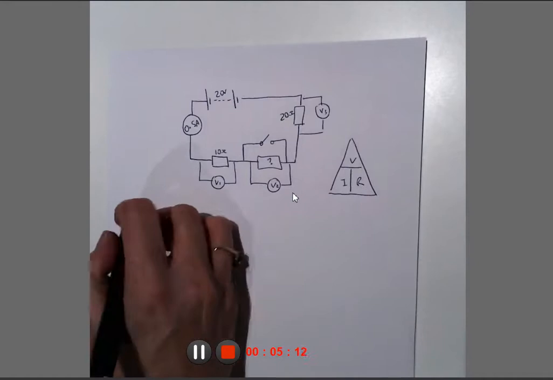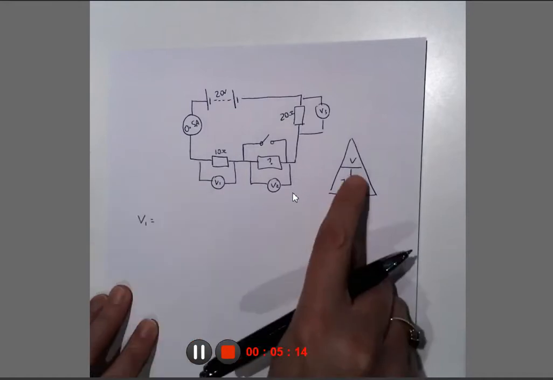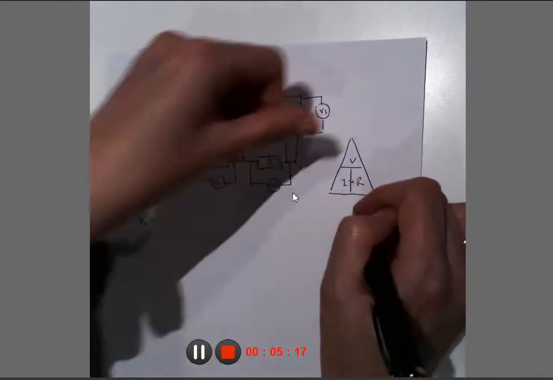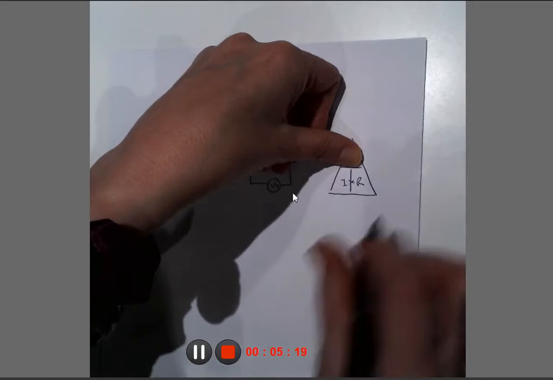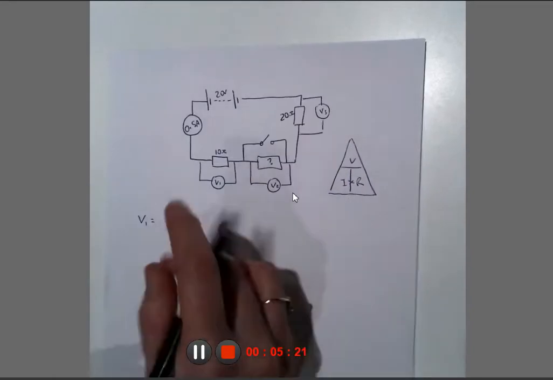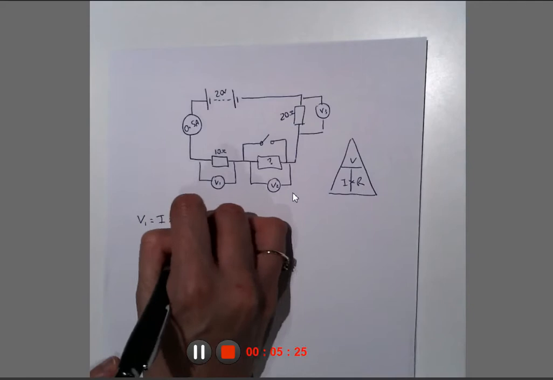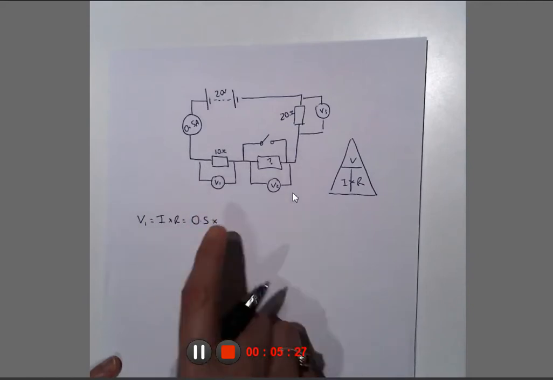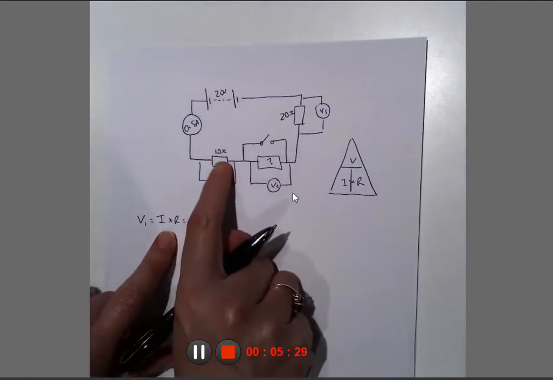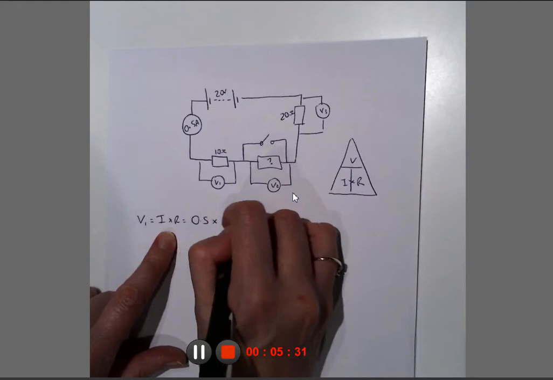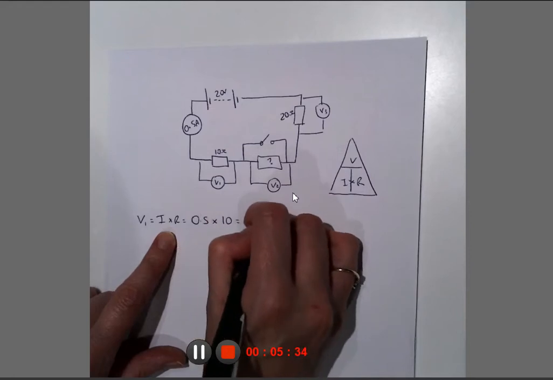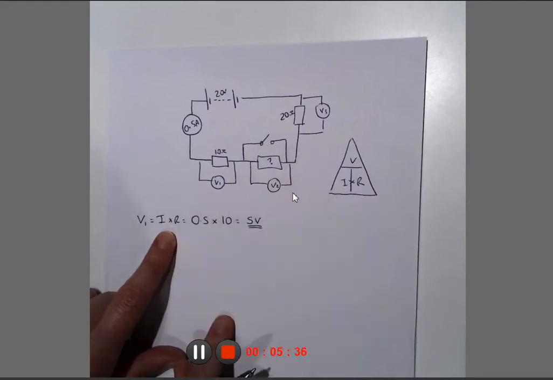So V1 will equal the current times the resistance, I times R. So the current is 0.5, and my resistance of V1 is 10 ohms. So 0.5 times 10 gives me 5 volts.